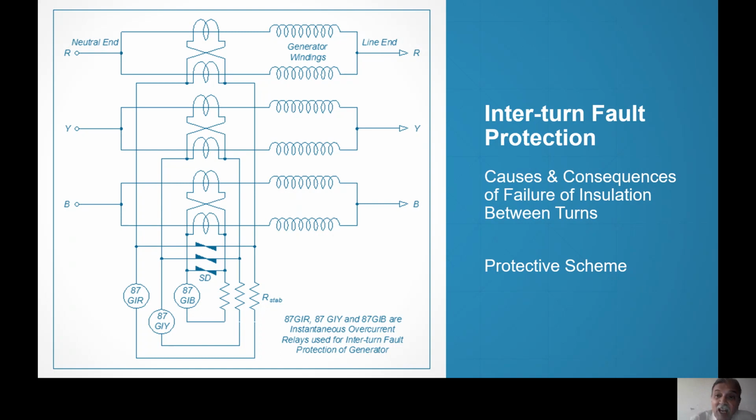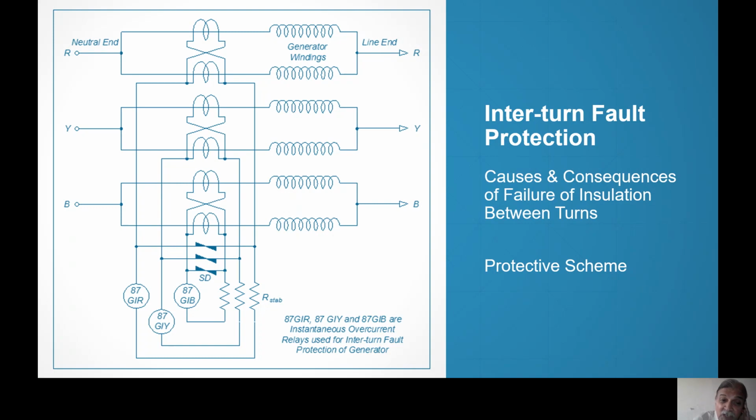So instead of allowing the interturn fault to result in an LG, double line or double LG fault, we should detect the interturn fault itself. Unfortunately, differential protection cannot do it here. The CTs of differential protection are near the neutral end and line end. The incoming and outgoing current is still the same, however the interturn fault has occurred.